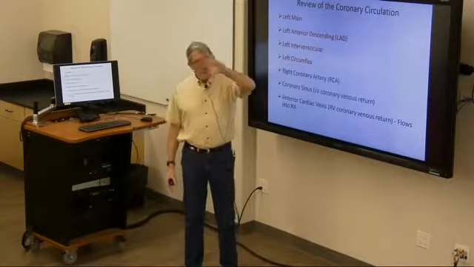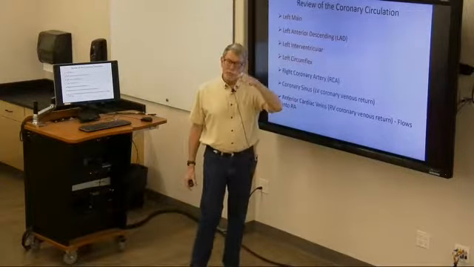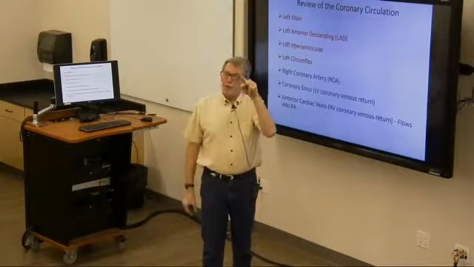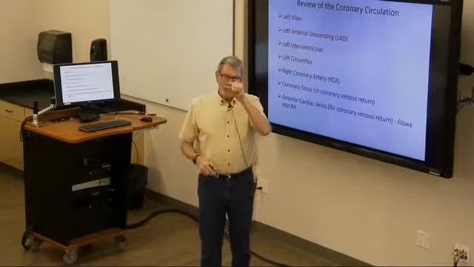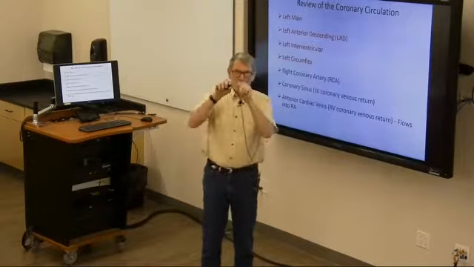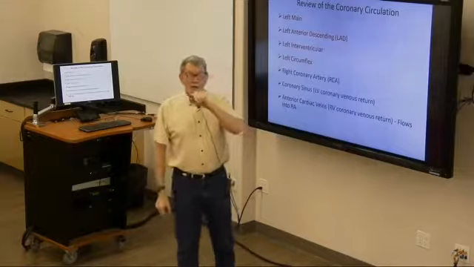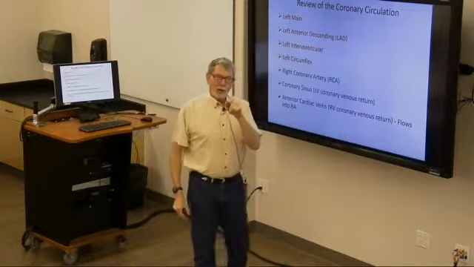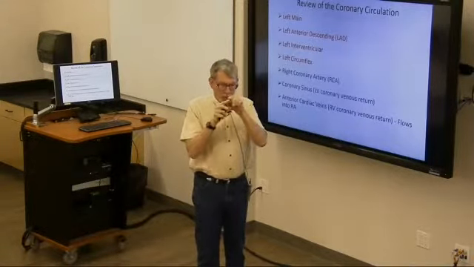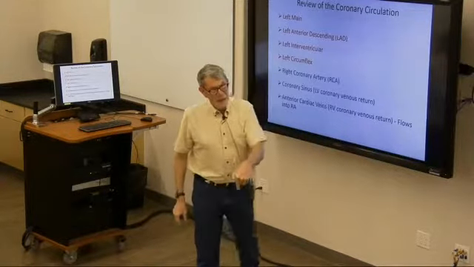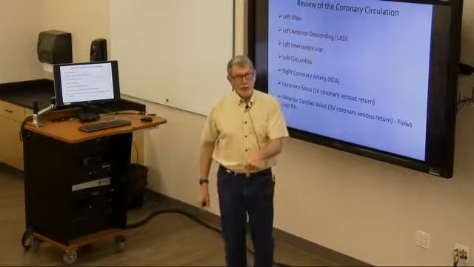The aorta comes off the top of the heart. It's taking fresh blood out of the left ventricle. Immediately as it departs the heart, you have two coronary arteries that branch off at right angles to that aorta. The left main coronary artery immediately then splits into the left circumflex and the left anterior descending coronary artery.